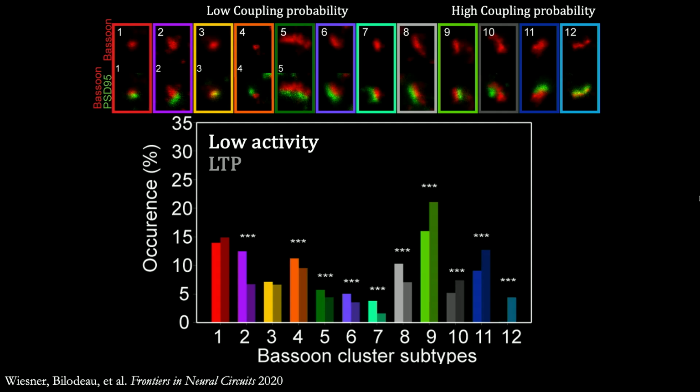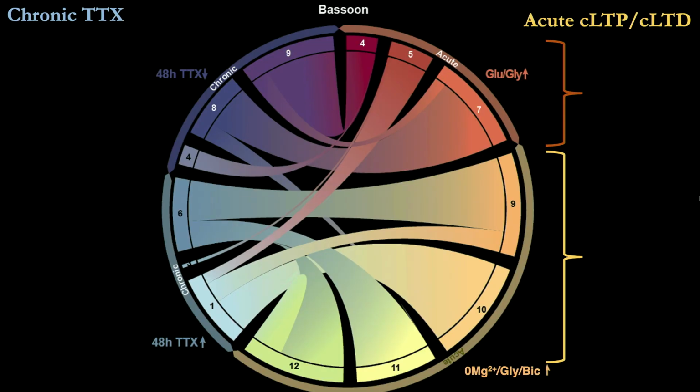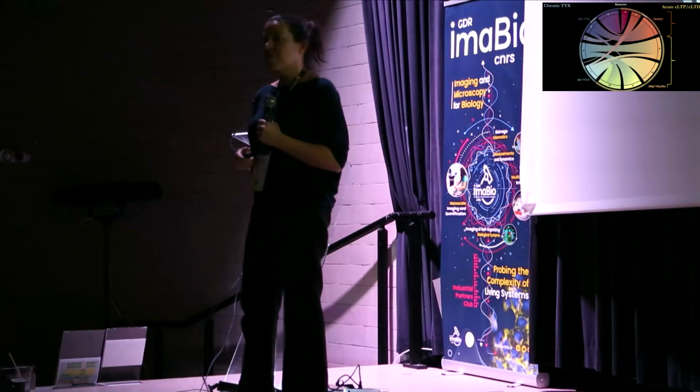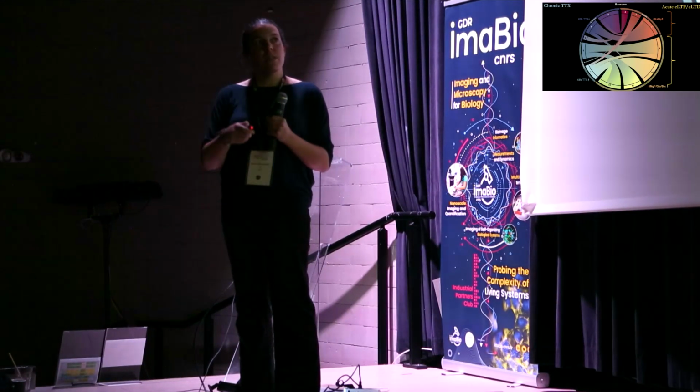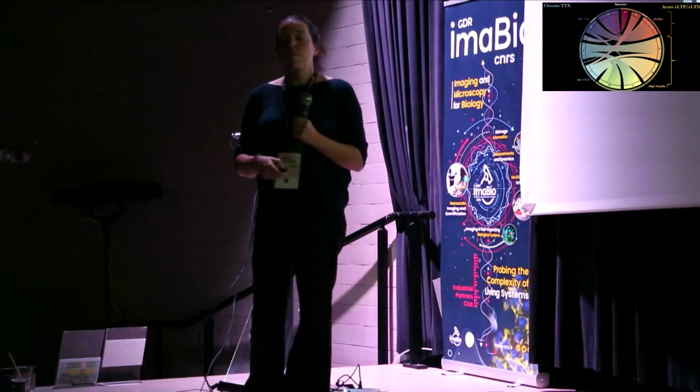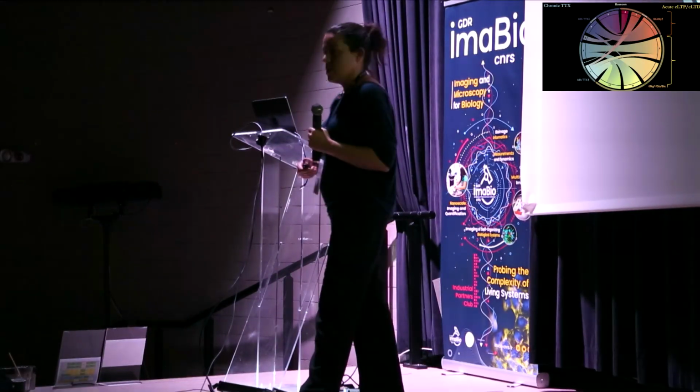We applied this approach to different conditions and then looked at how different synaptic subtypes will associate depending on different conditions. And so we will focus for now on the bottom of this graph, and what we see are the synaptic subtypes that were increased the most following this LTP stimulation.